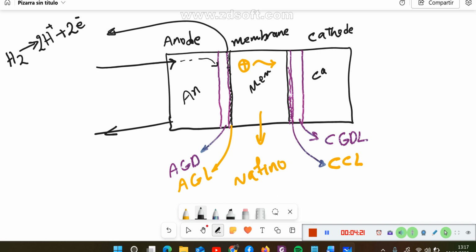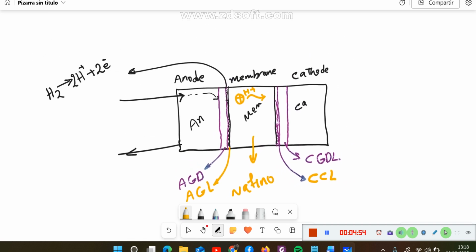The protons pass through the membrane and go to the cathode side. The electrons, however, cannot pass through the membrane, so they are forced to travel through an external circuit, which is usable electric current.